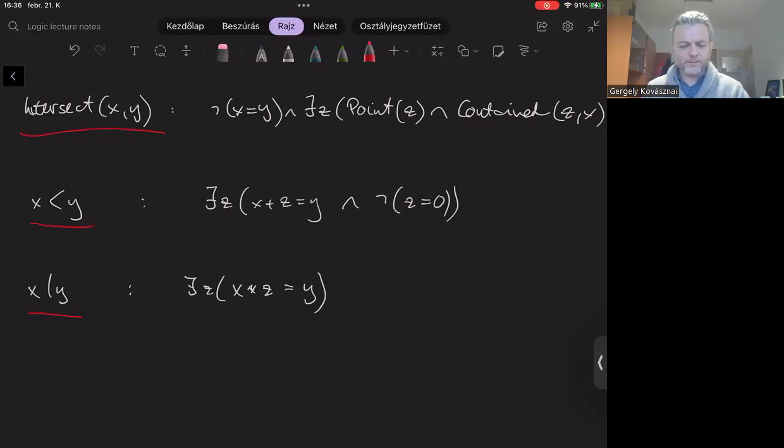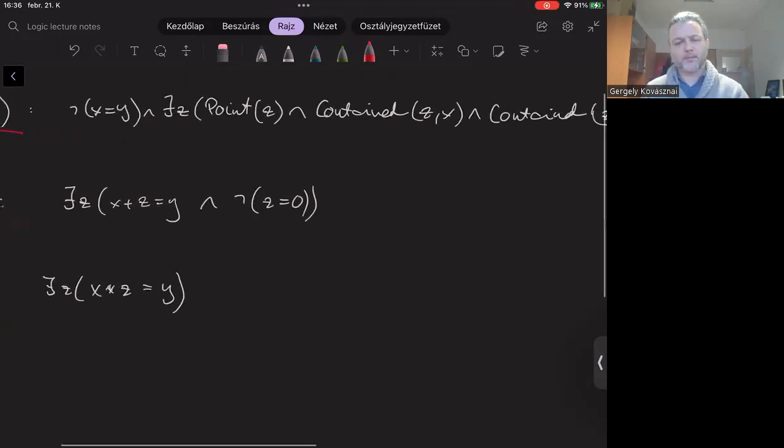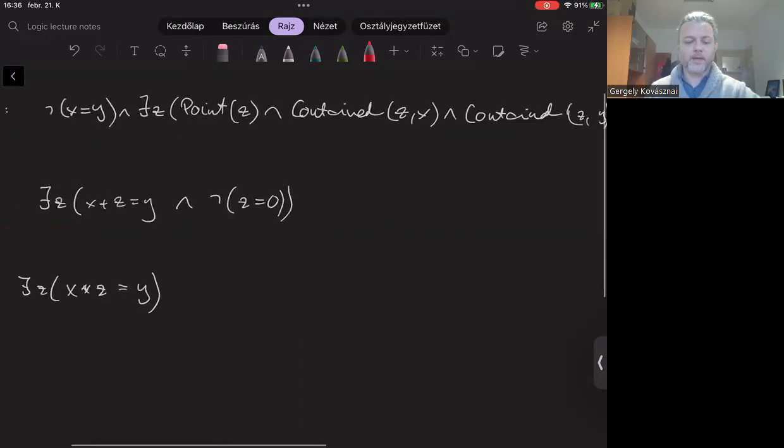As I told you, the definitions for all those 3 concepts are expressed as predicate logic formulas, because predicate logic is very expressive. It's expressive enough to describe the mathematical concepts.